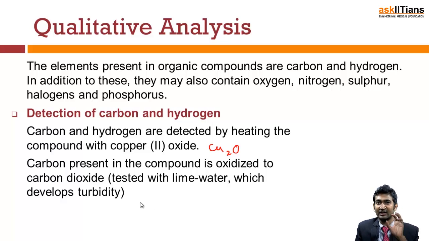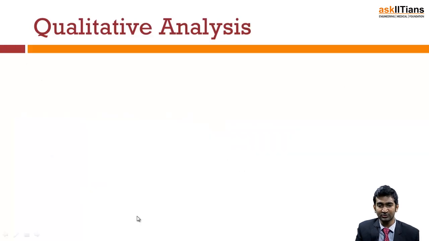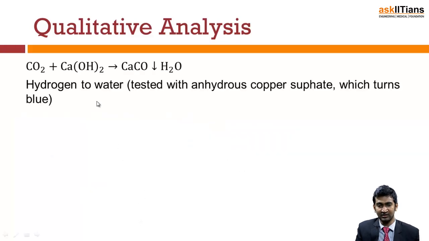It is very clear to every one of you that if I pass carbon dioxide through lime water, it turns milky. Why? Because of the formation of calcium carbonate, CaCO3, which gets precipitated out.